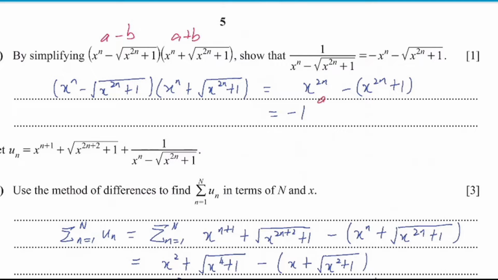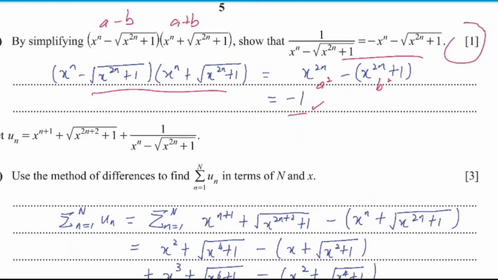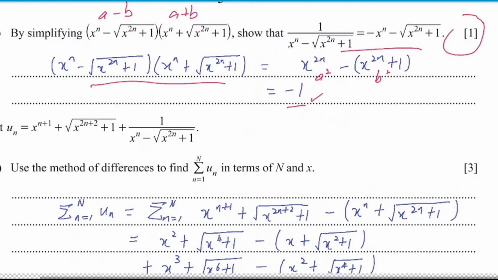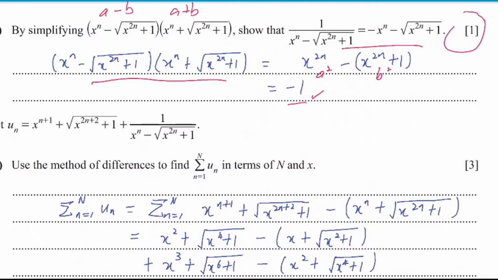So at last it gives us an a squared minus b squared form, which is very nice. It will be reduced to minus 1. I didn't work out everything, but you just need to move things around, and then you can prove this part. They didn't give much space here, but you need to move around first.